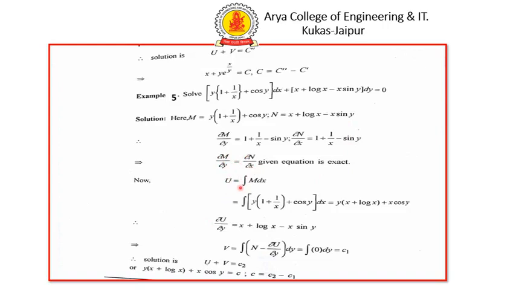Now calculate u, which is equal to integral of M dx keeping y as constant. Then compute del u upon del y. In the next step, we calculate v, which is integral of N minus del u upon del y dy, and the value of N minus del u upon del y is 0. So we have only the constant of integration. The complete solution is given by u plus v equals constant.